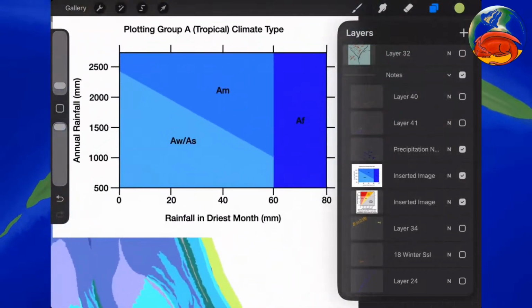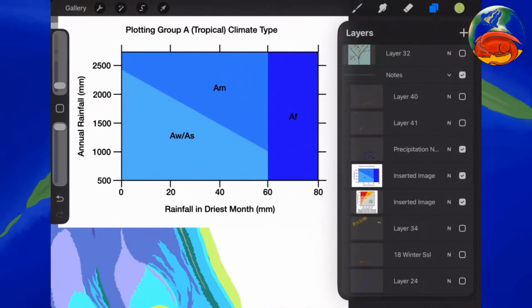Anyway, so the main distinction is whether or not the AW or AM is different from the 60 is based on how much precipitation is received and whether or not the AM climate hits above a certain threshold.